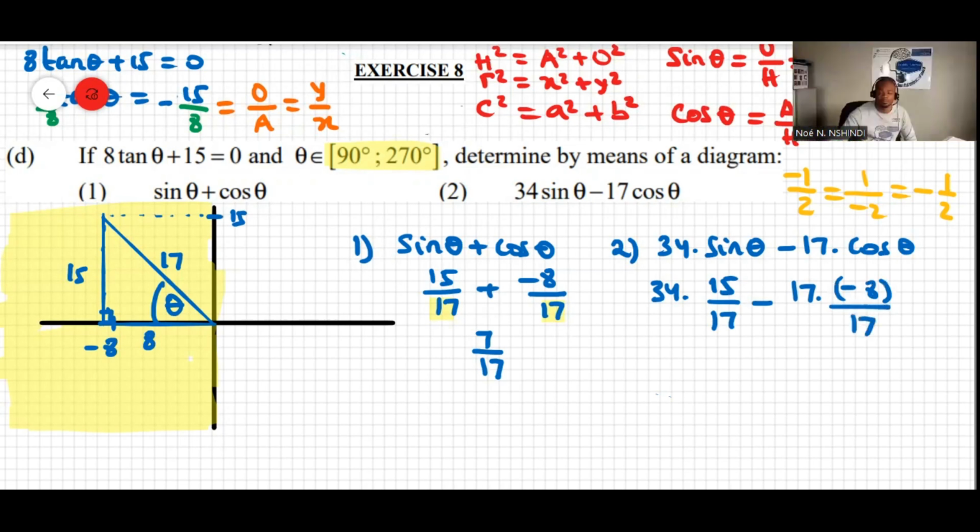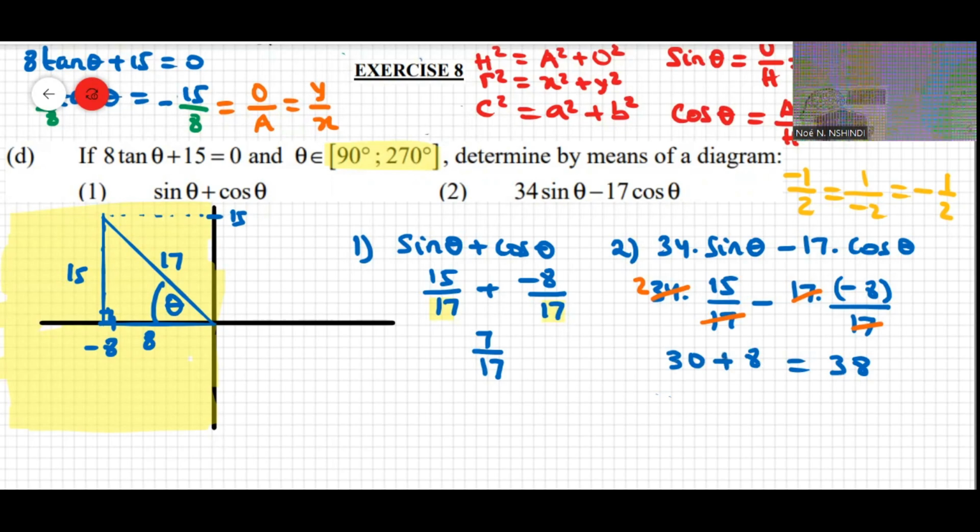Now we can simplify, right? 17 goes into 34 twice, so we have 2 times 15, which is 30. Minus minus, we make it plus, that makes 8. And then the answer will be 38. So that's question D. Thank you.